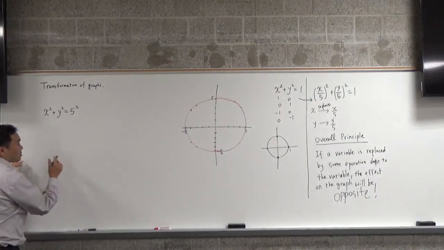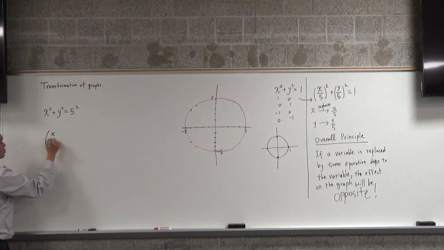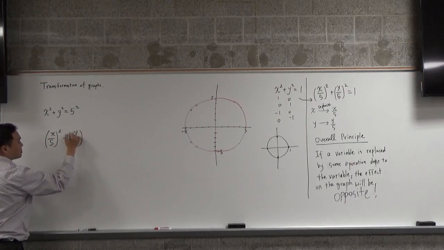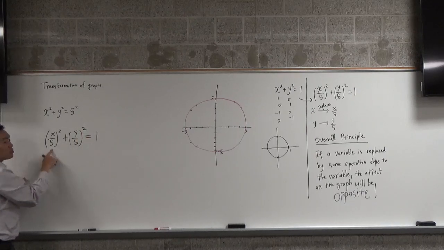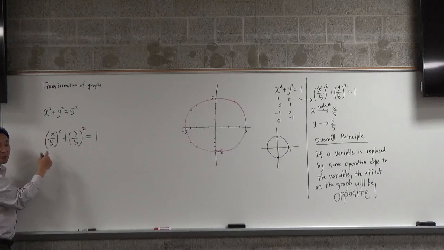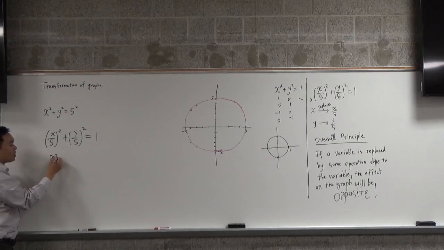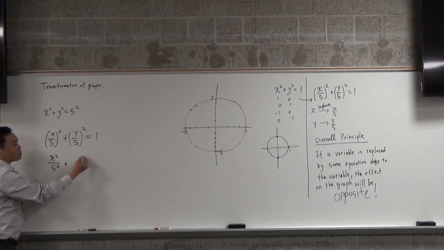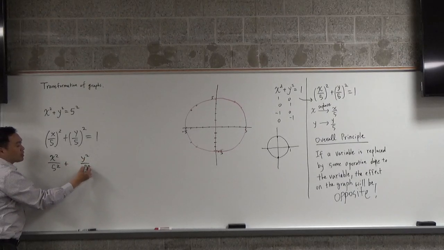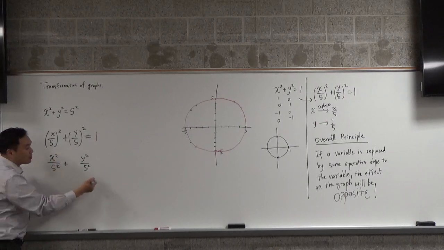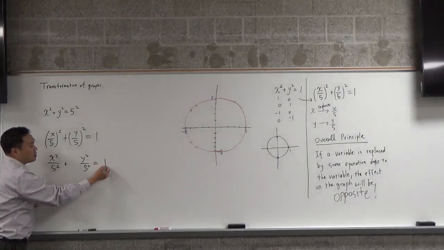So look, if you started with (x over 5) squared plus (y over 5) squared equal to 1. How do you square a fraction? The top and bottom separately are squared, right? You get x squared over 5 squared plus y squared over 5 squared. That's how you square a fraction. They separately, top and bottom, get squared, equal to 1.